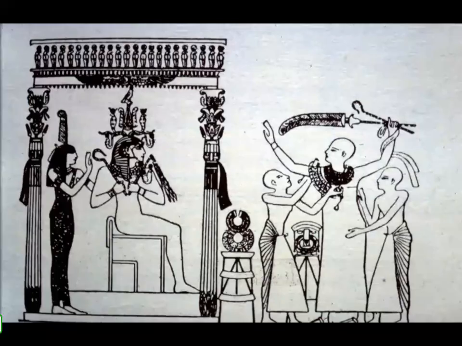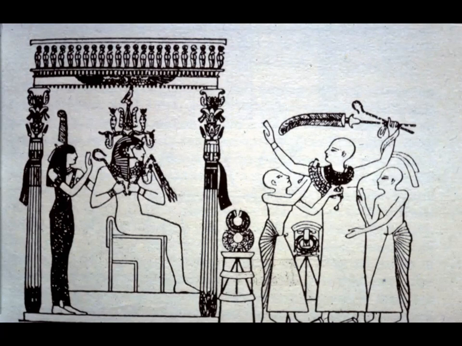Joseph's promotion, as narrated in the Bible, is quite consistent with the protocol of the day. This drawing here of an Egyptian relief depicts Pharaoh sitting on his throne and a gold chain being put around a man who was wearing a linen robe.